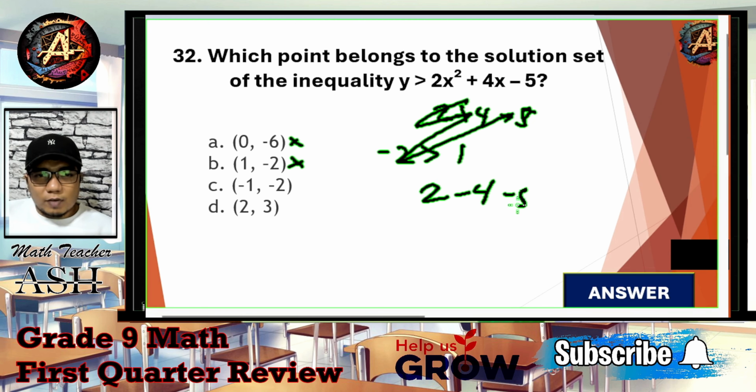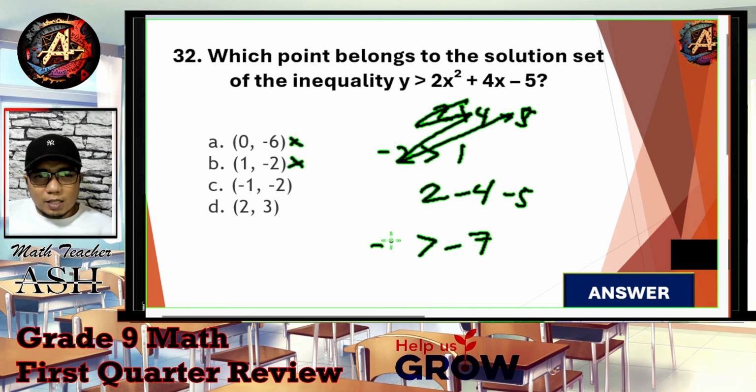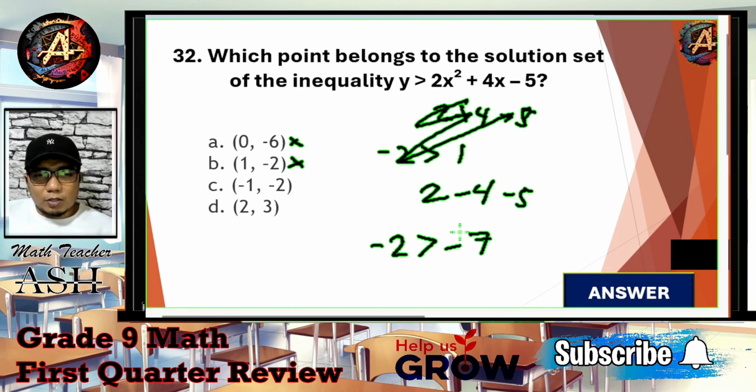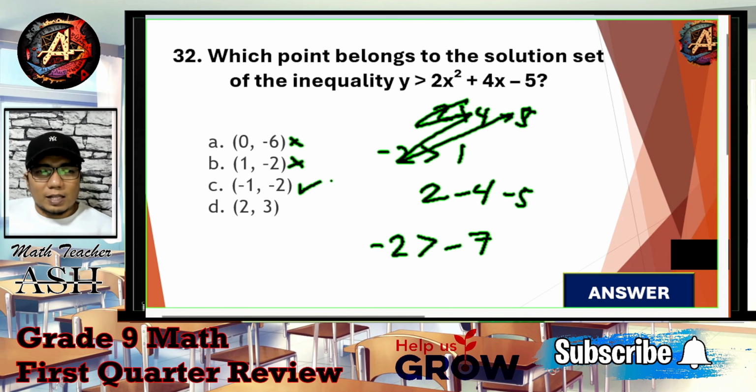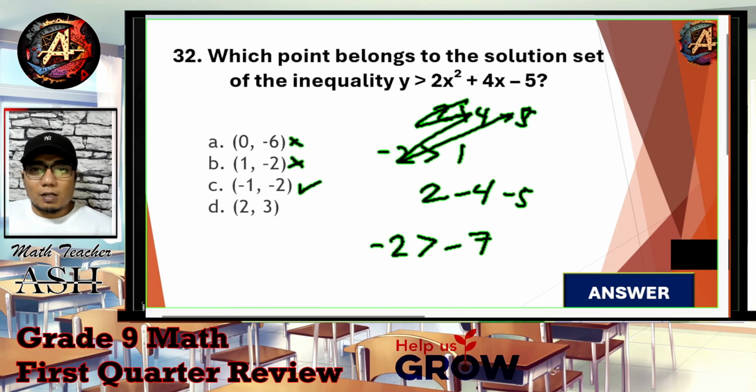Then minus 5. So, 2 minus 4 is negative 2, and negative 2 minus 5 is negative 7. Alright. So, our value of y is negative 2. So, negative 2 is greater than negative 7. Is that correct? Yes, that is correct. So, therefore, the correct answer for this question is letter C. Let's check whether we are correct, my dear math learners.